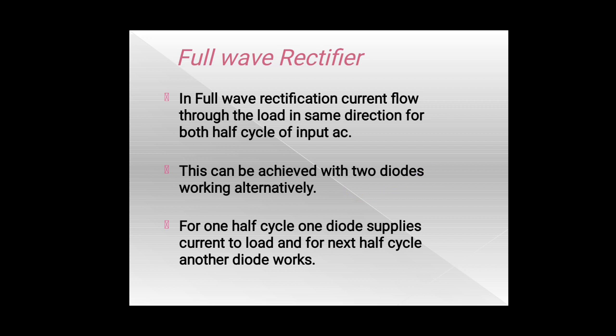In a half wave rectifier we used only one diode, but in a full wave rectifier we use two diodes. For one half cycle, one diode supplies the current to the load, and for the next half cycle another diode works, and hence at the output we get the full wave in both half cycles.